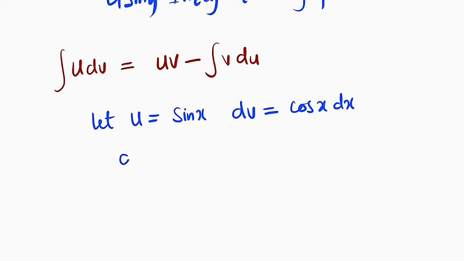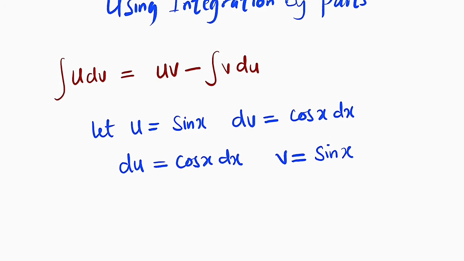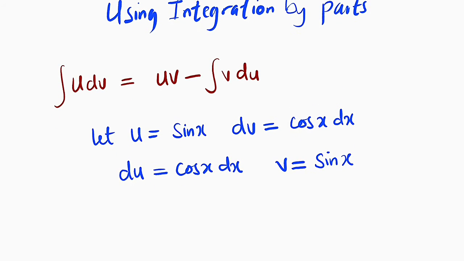So du will be equal to, if you differentiate this, cosine x dx. Then if you integrate dv, you have v, which is sine x. This is what you need to substitute into this formula.